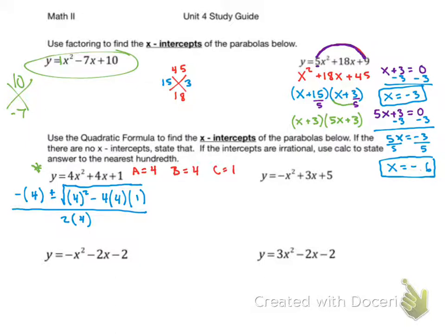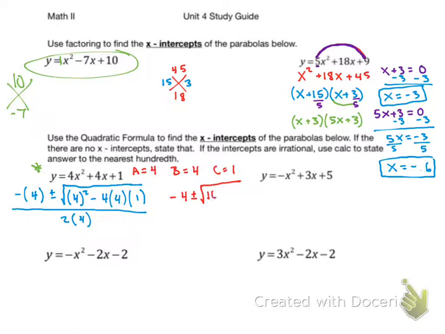Now I'm going to go ahead and simplify all this, and hopefully I can fit this all in here. So this is going to simplify to negative 4 plus or minus the square root. Right now I'm looking at the discriminant here.